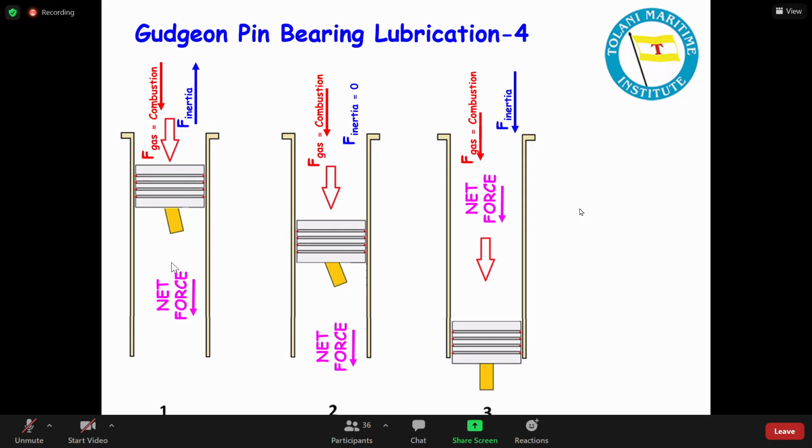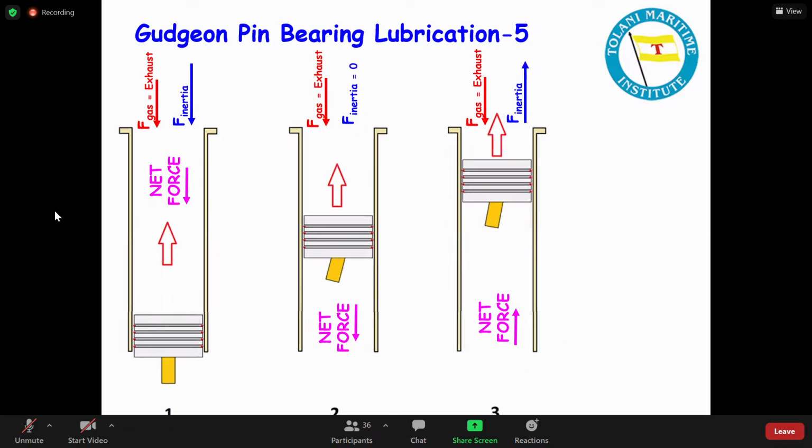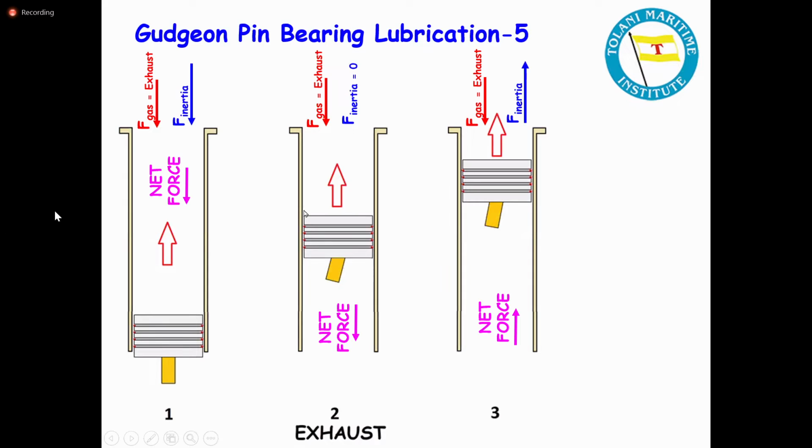With the help of these diagrams, various stages, I just try to say at what point what will be the direction of these forces. That's what I have done on these slides. So exhaust. At the beginning of the exhaust stroke, the piston has just reversed its direction and starts accelerating upward. So the inertia forces will be acting downwards, and the gas force also is acting downwards.